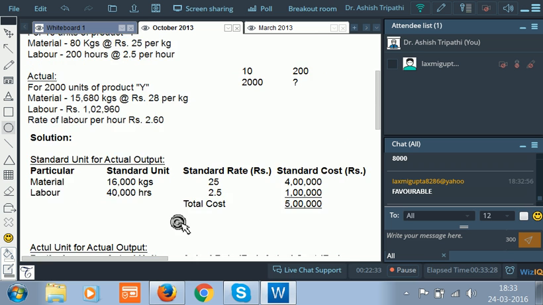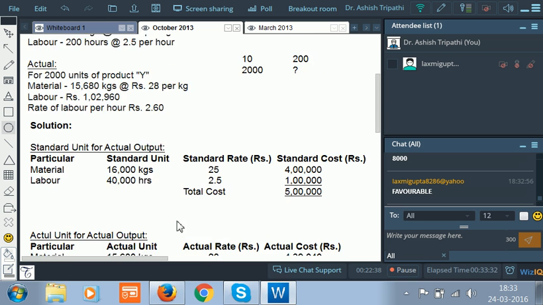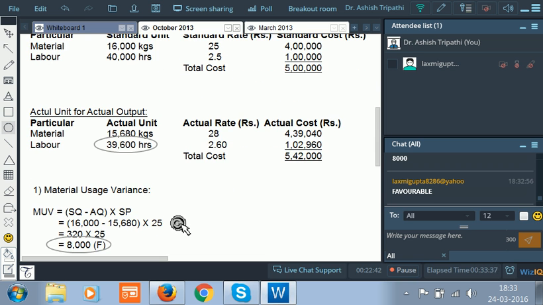Now what is the next thing that we will have to calculate? We have to calculate material price variance. So let us calculate that as well.